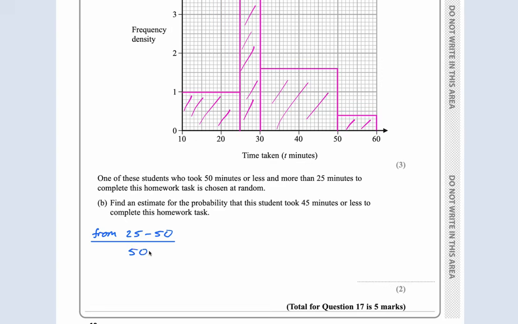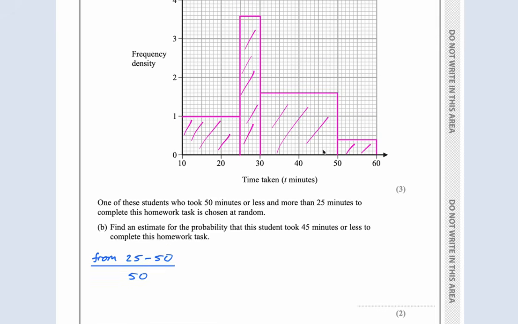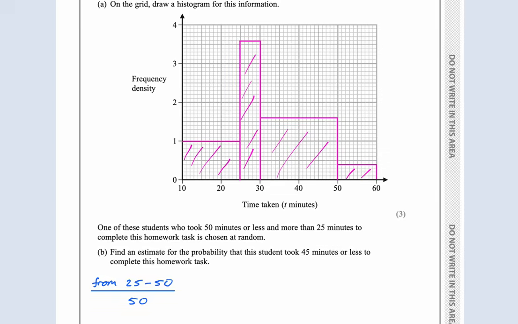Okay, and then it says find an estimate for the probability that this student took 45 minutes or less. So how many students took 45 minutes or less? Now what I'm going to do is get this area here. Guys, I don't want to be drawing on my histogram, but just to show you what's happening, make sure you erase this.